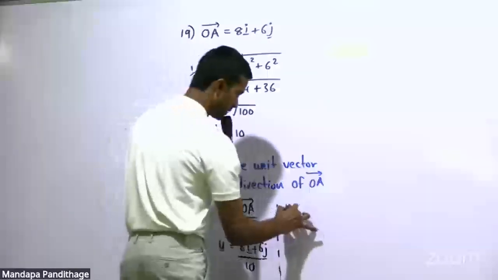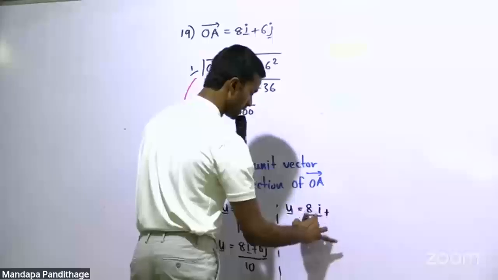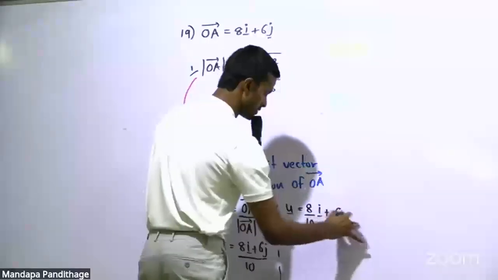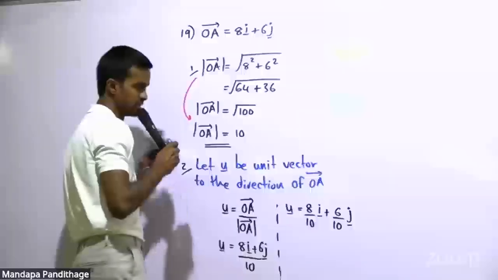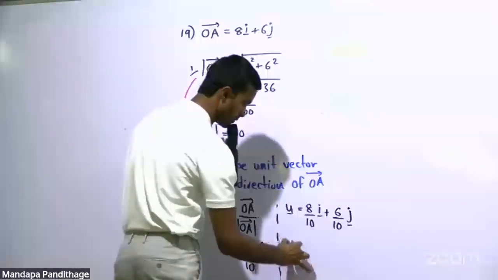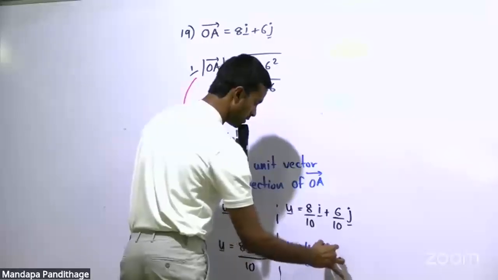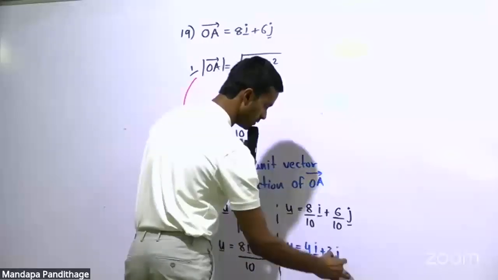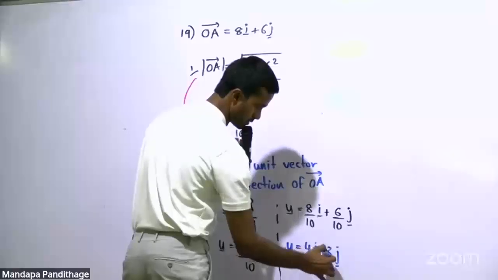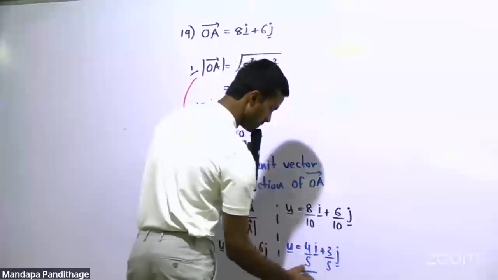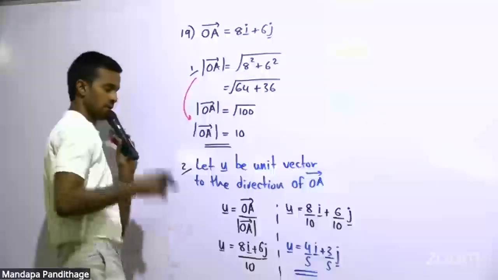When you divide it separately, it's 8 over 10 i plus 6 over 10 j, which is equal to 4 over 5 i plus 3 over 5 j. This is the unit vector.